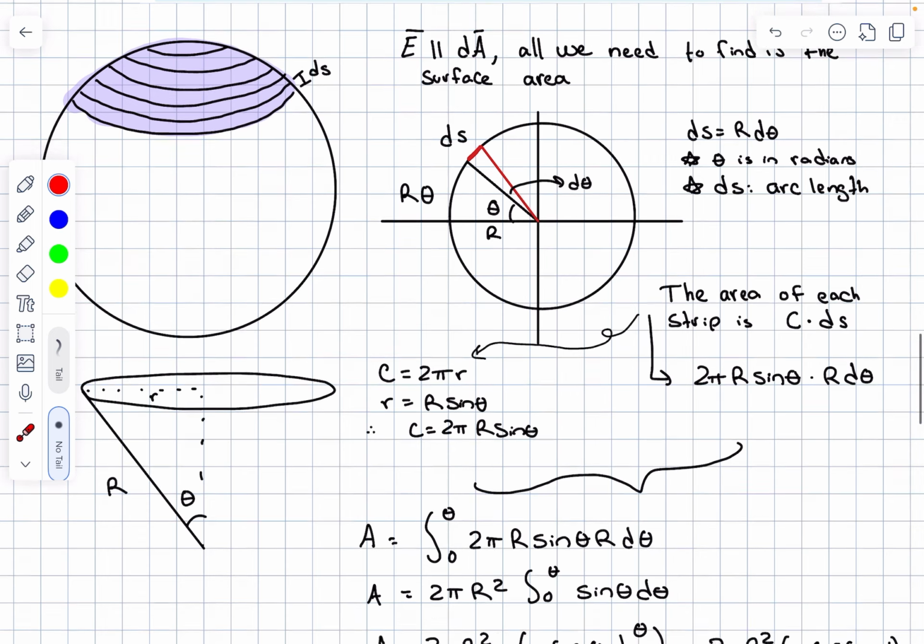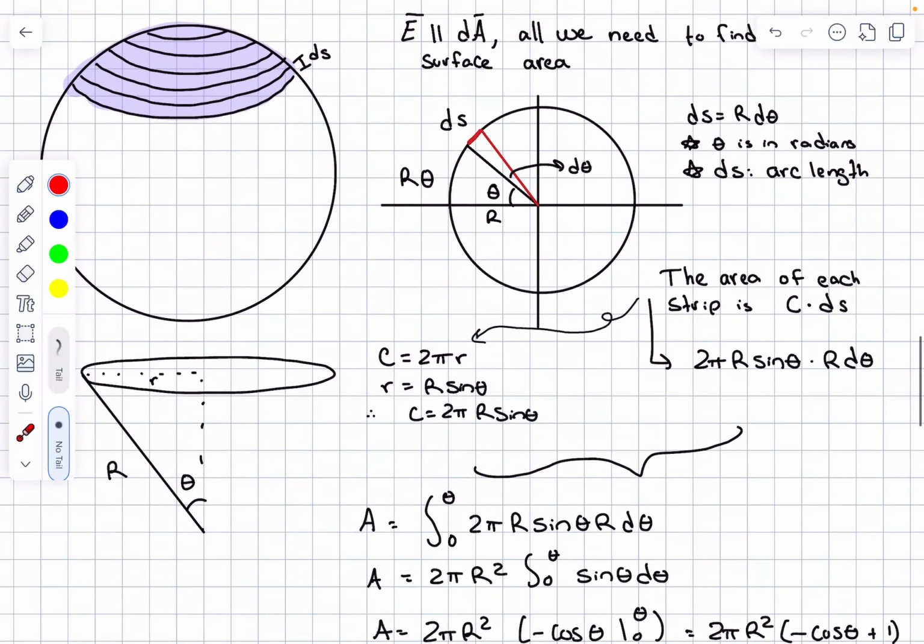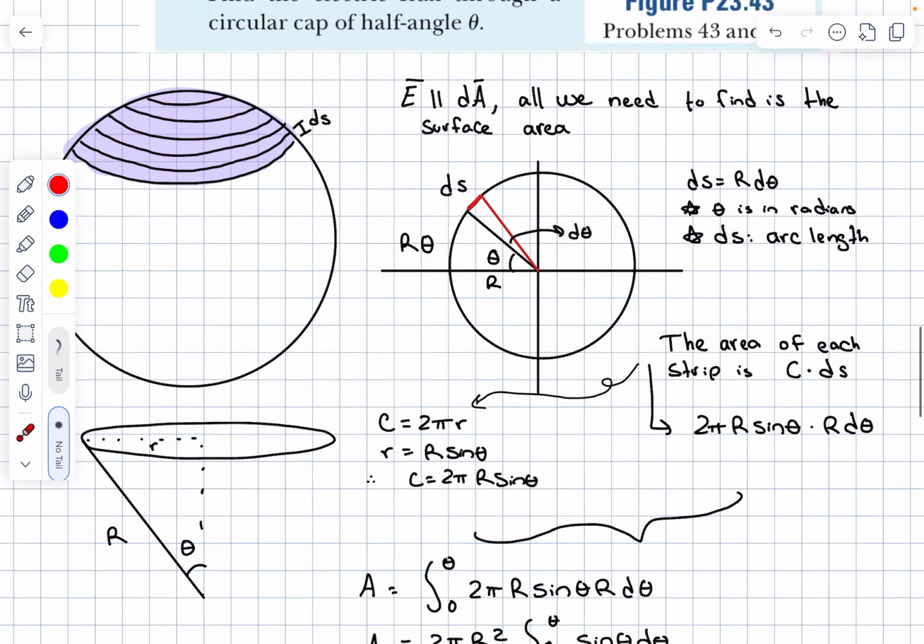Now the idea here is that the surface area is going to be adding up all of these strips. So essentially what we're going to be doing is starting out at theta equal to 0 and going all the way to the angle theta.